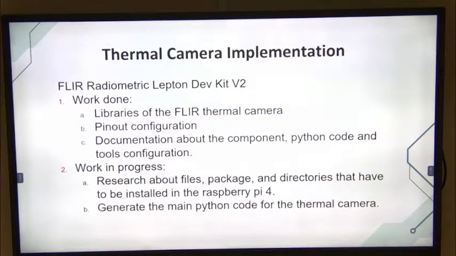The work that is still in progress is generating the main Python code for the thermal camera, and doing more research about libraries, files, packages, and directories that need to be installed in the Raspberry Pi.